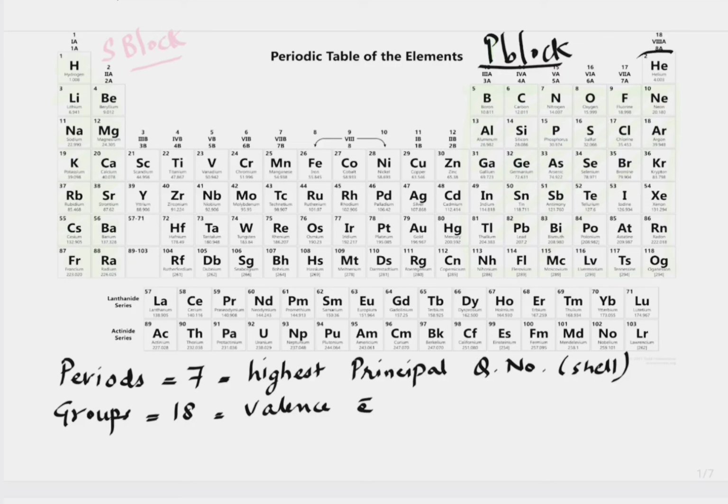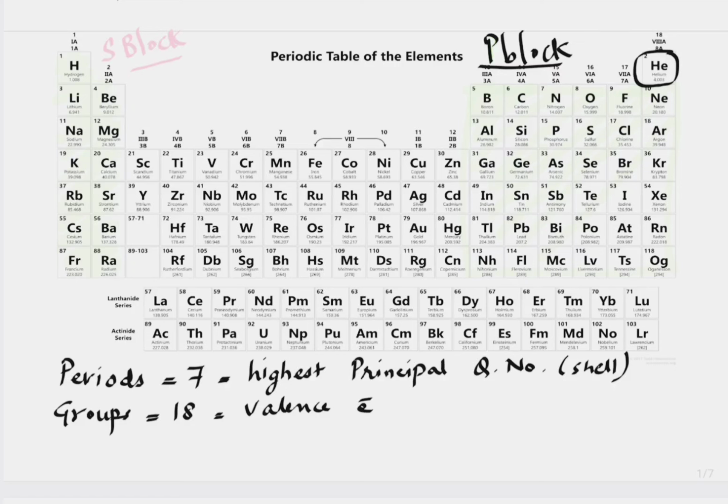Mind you, helium is not technically a p block element because the configuration of helium is 1s2, so the last electron enters the s orbital, but it's placed with the rest of the noble gases because like all of them, it also has its shell complete. So helium is placed with noble gases because it behaves like them.